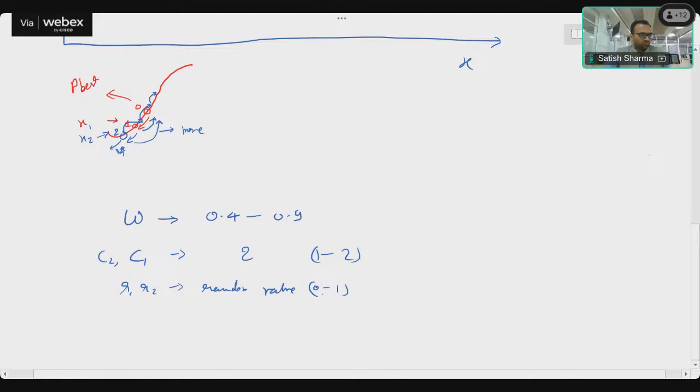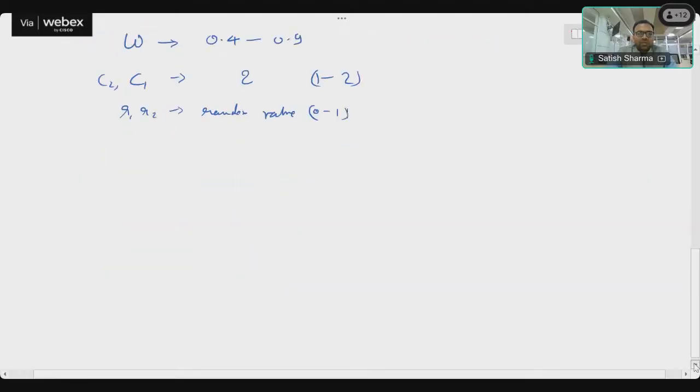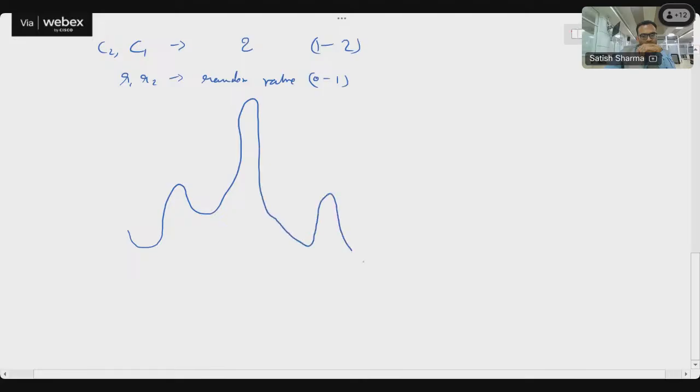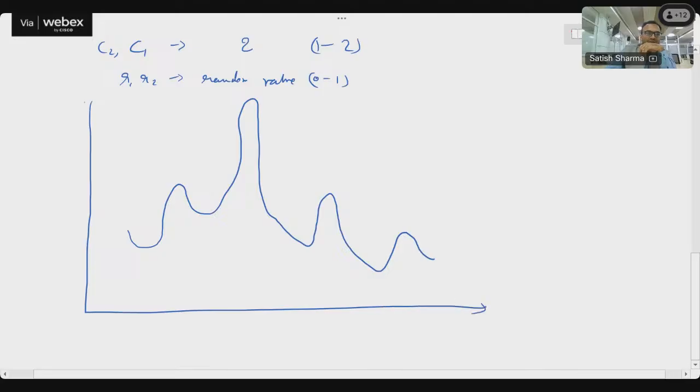Now let's consider another example, and just try to visualize things, otherwise it is very difficult with only the equations.